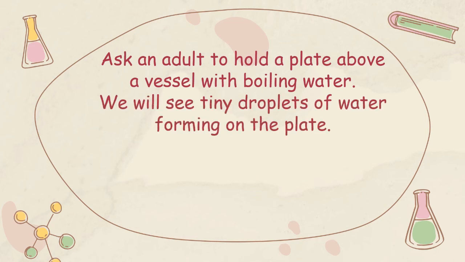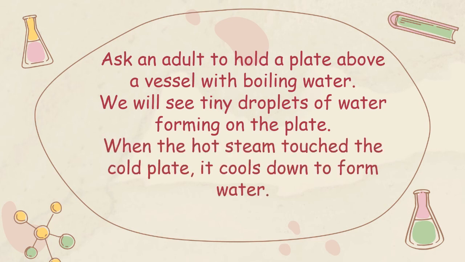Lalu, we will see tiny droplets of water forming on the plate. Kita akan melihat tetesan air kecil yang terbentuk di piring. When the hot steam touch the cold plate, it cools down to form water. Ketika uap panas menyentuh piring yang mendingin, lalu menjadi air.